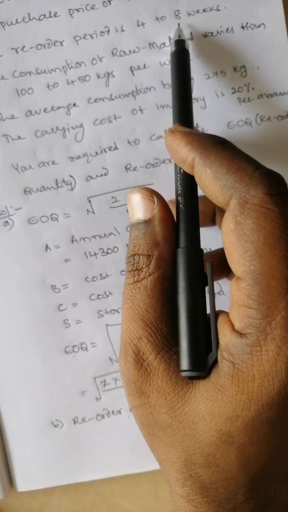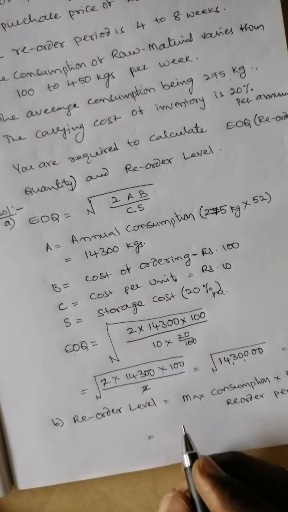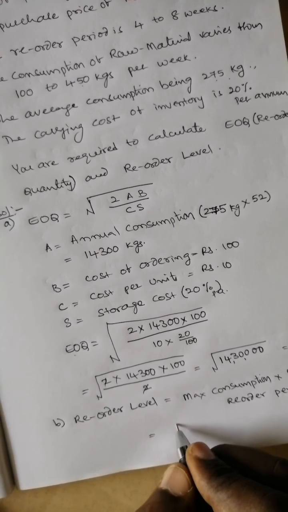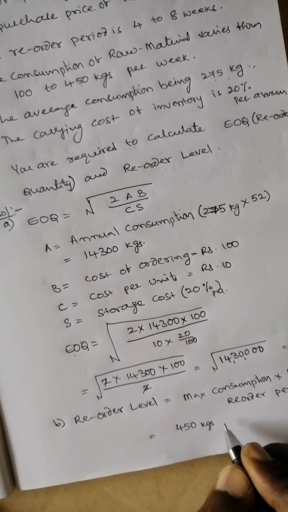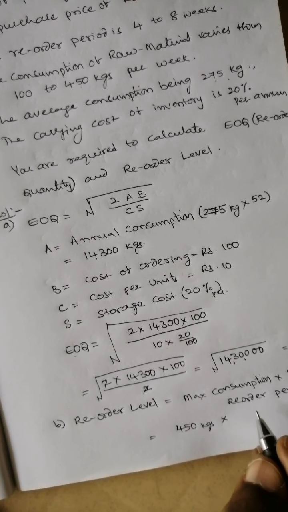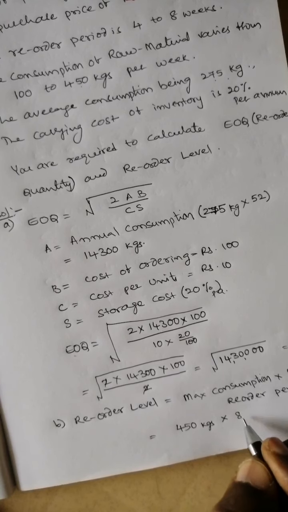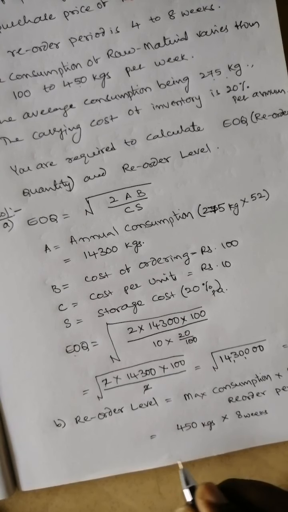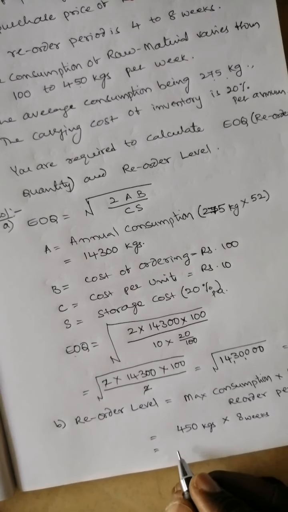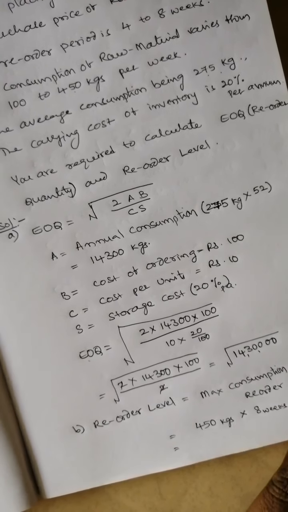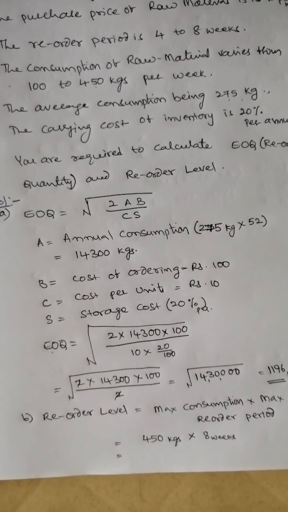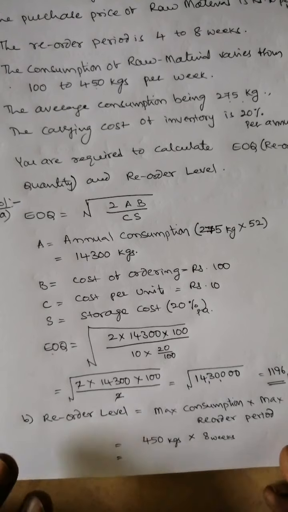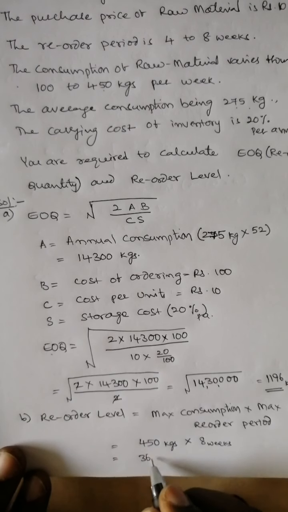So we require maximum period, which is 8 weeks. Therefore, maximum consumption is 450 kgs, into maximum reorder period, 8 weeks. Therefore, reorder level is equal to, make use of your calculator, 450 into 8 is equal to 3600 kgs.